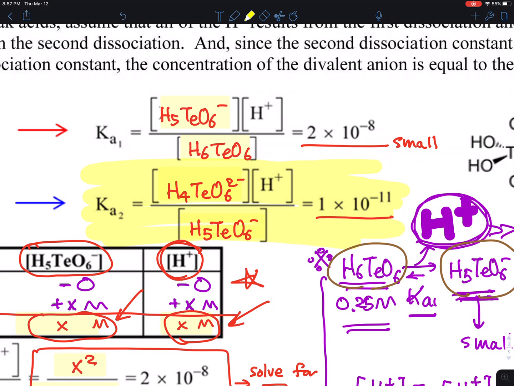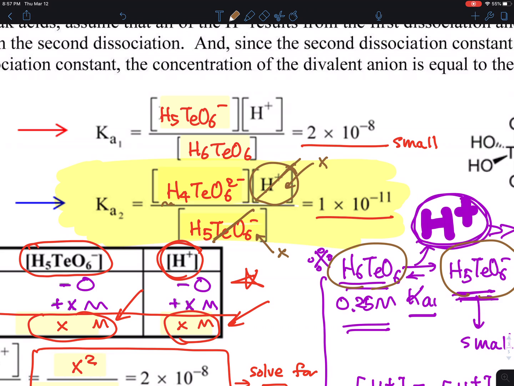This is the equation established for the Ka2, and then what you start to notice here is, okay, from the first ionization, that was a concentration we call X, and this is a concentration for X, which is the same. So therefore, this concentration of H+ is going to be the same as the one in the bottom. So we're going to cancel out.